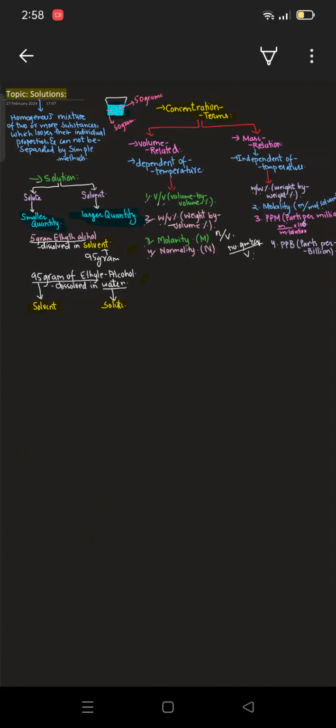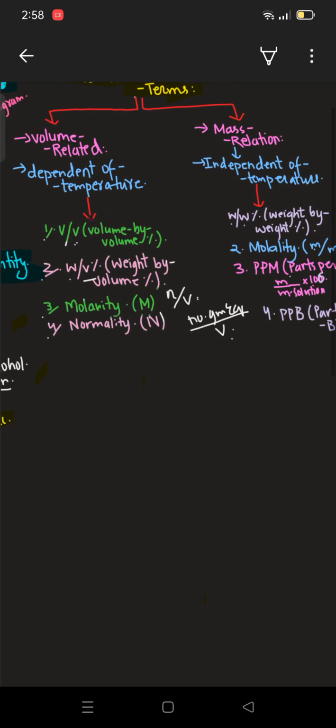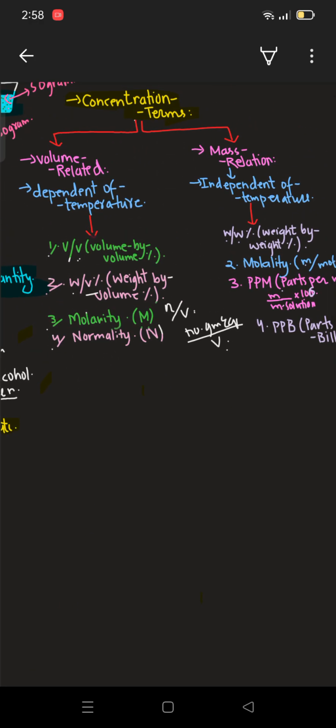Okay, so as in the last video, we discussed the concentration terms, and we divided them into two categories. The first category is volume related, and the second category is mass related.